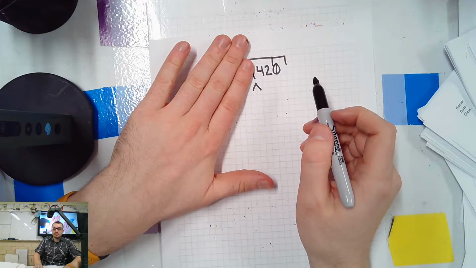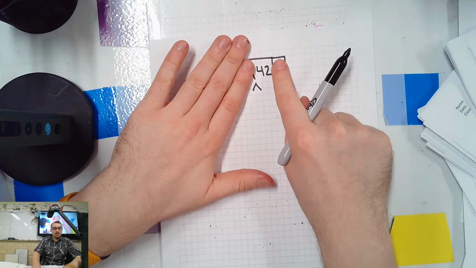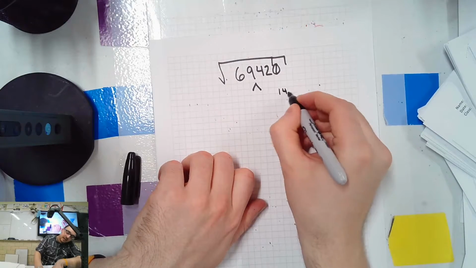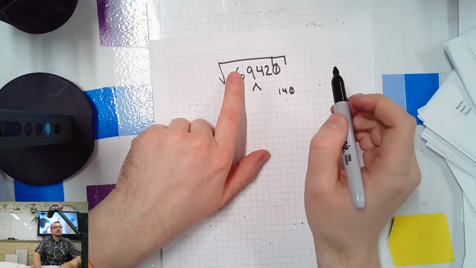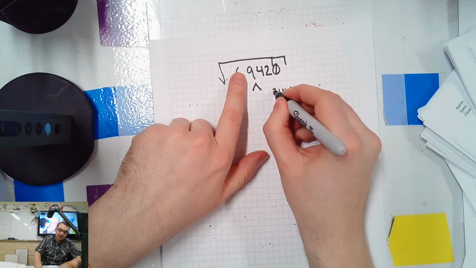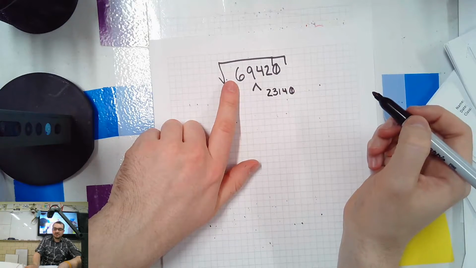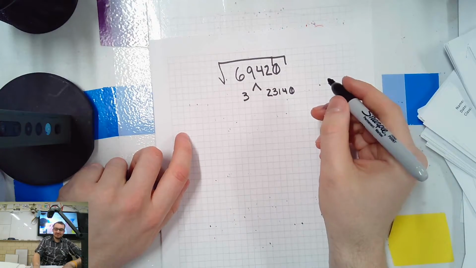How many times does it go into 42? 14, so 140 times. How many times does 3 go into 9,000? 3,000. How many times does it go into 60,000?